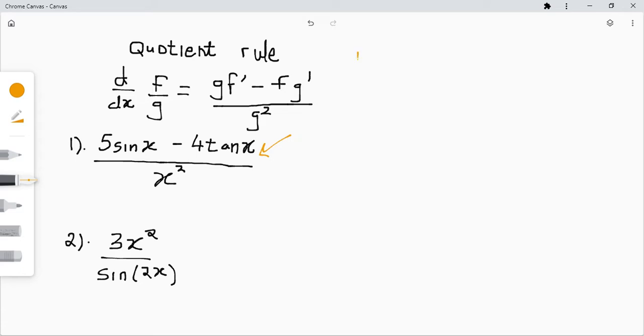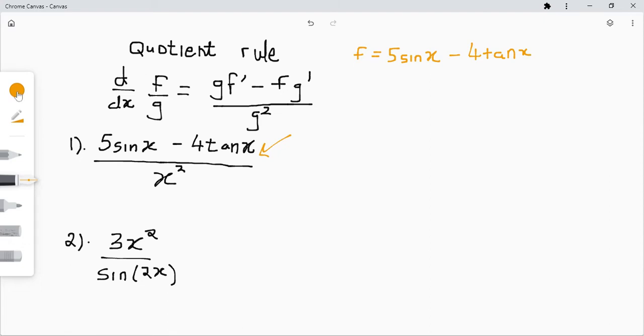x. Right, so say f equals 5 sin x minus 4 tan x, right?